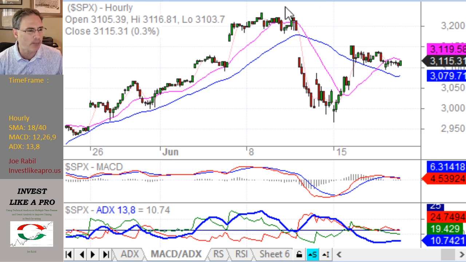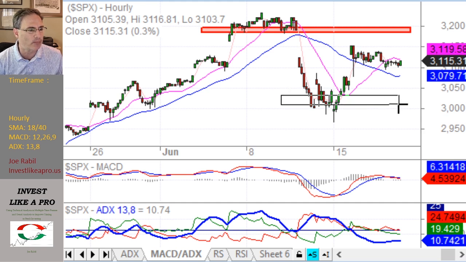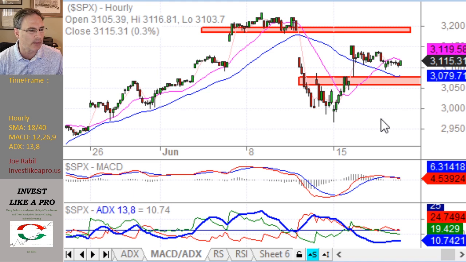And if you look at what price has done, you had the gap down and now you've had the gap up. So we're still dealing with resistance on the hourly chart up in here around 3,200. And right now it looks like there's support probably down somewhere around 3,000 as we talked about before.